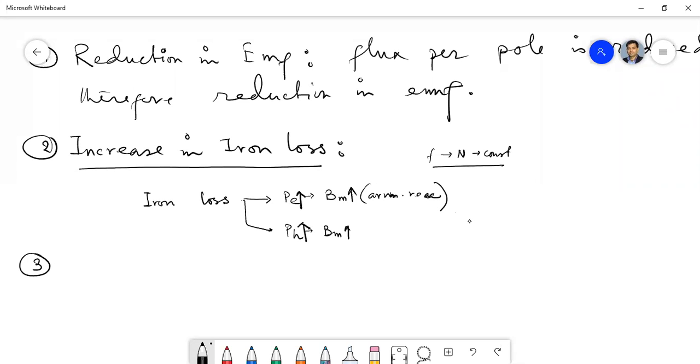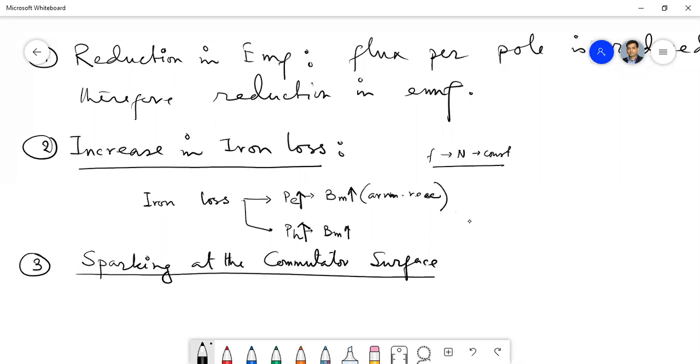The next point is sparking at the commutator surface. So why will the sparking occur?